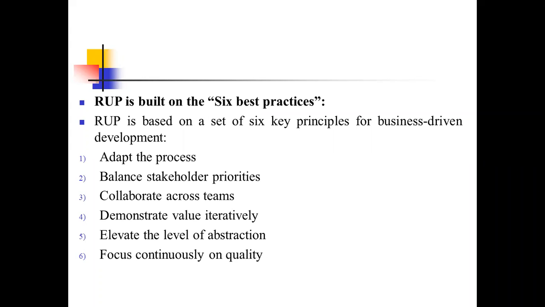Fourth is demonstrate value iteratively. Fifth is elevate the level of abstraction. And the last one is focus continuously on quality. So these are the best practices for RUP, or we can say six key principles for business driven development.